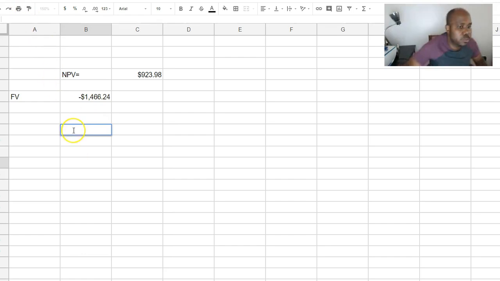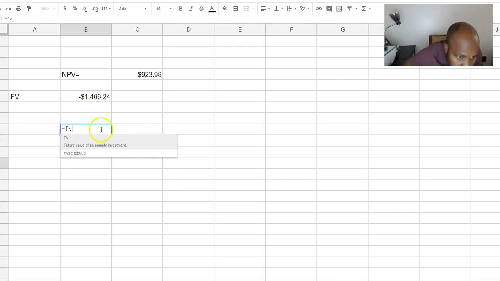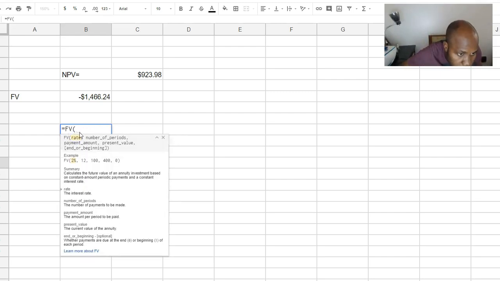But like we said, at year 4 exactly it's going to be a future value, which I don't know. So equal sign, future value, and the rate is still going to be 0.08, right? Number of periods is year 4.